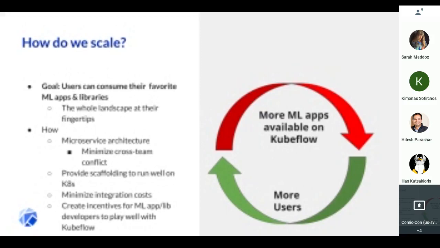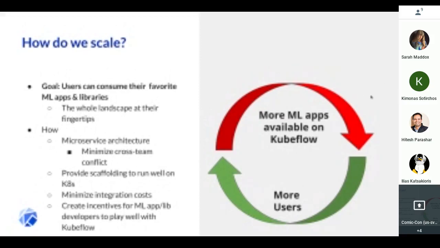And I think it's critical to make sure that we minimize the integration costs of integrating with Kubeflow, so we make it as simple as possible for people to make their apps play well with us. And then similarly, we want to create incentives for them to do so. As I mentioned, the multi-user story, so that they have an incentive to actually pay those integration costs and make their stuff work well with Kubeflow.